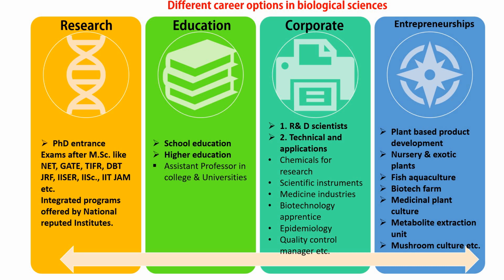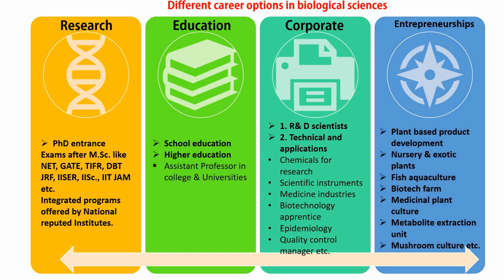Now the second option is education. If you choose education as your career after your masters, there are two options. One is school education and number two is higher education. Higher education means you may opt for an assistant professor job in different colleges and universities.